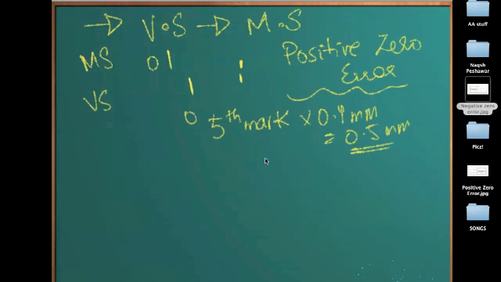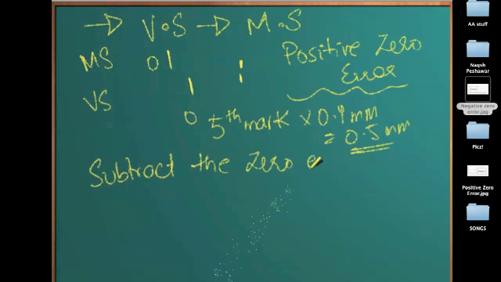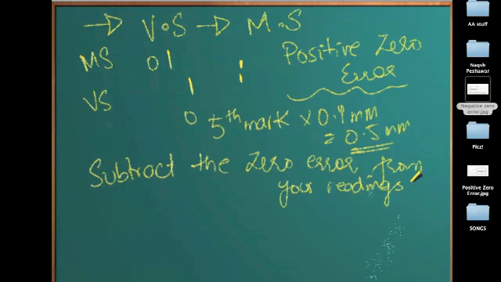Once you have the zero error, you will always subtract the zero error from your readings. And I call it a plus 0.5 millimeters.